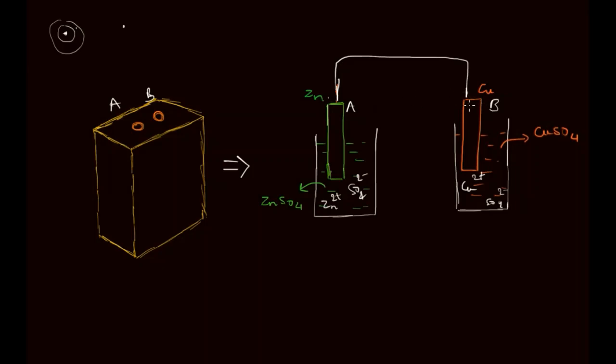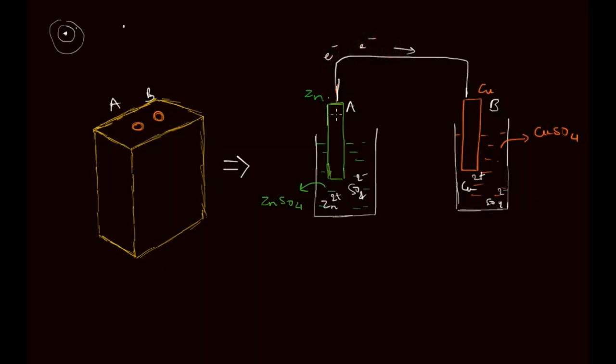Since copper has a higher affinity for electrons than zinc, when you connect this copper and zinc rod, copper will try to pull electrons from zinc, and so there will be a flow of electrons from zinc to copper.